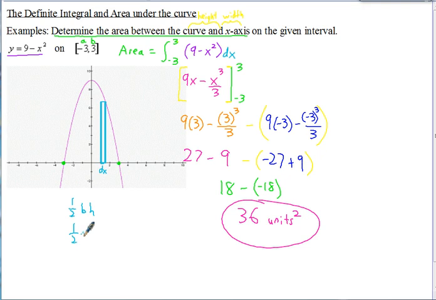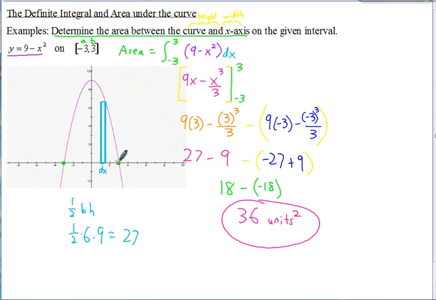The base would be 6. The height would be 9. So that would give you 54 times 1/2 is 27. So you can see, though, that triangle area would be smaller than this. So 36 units squared does seem reasonable. It is bigger than the 27 we would get if it was just a triangle.